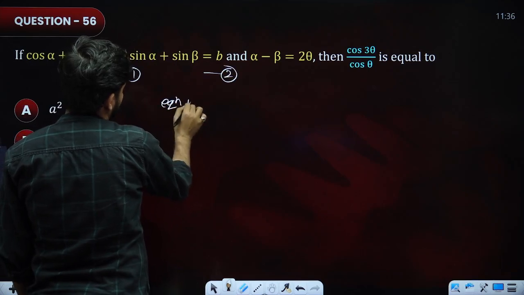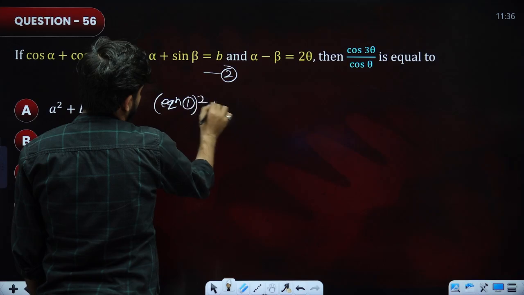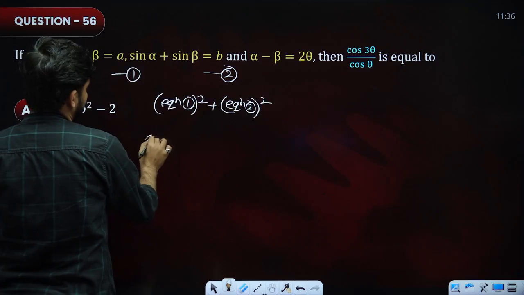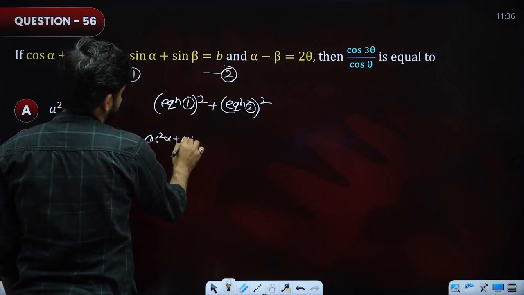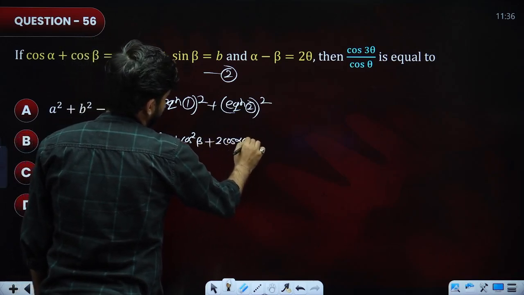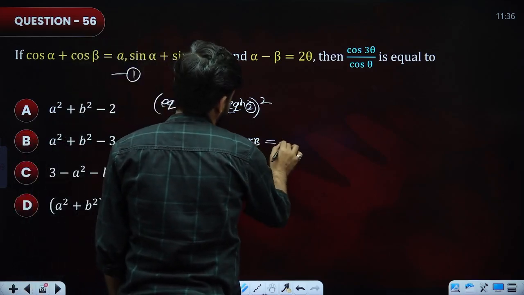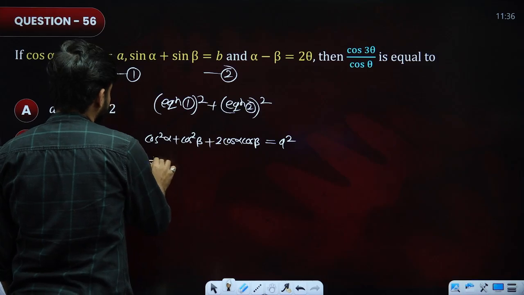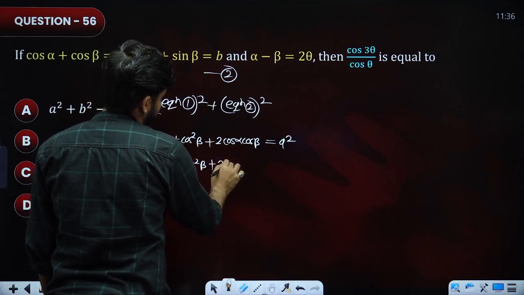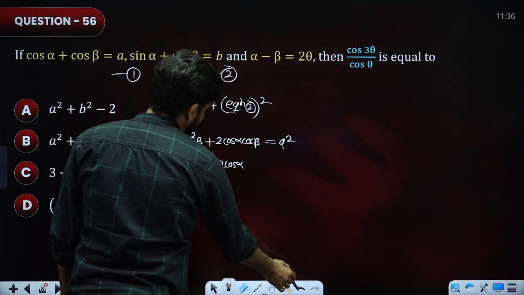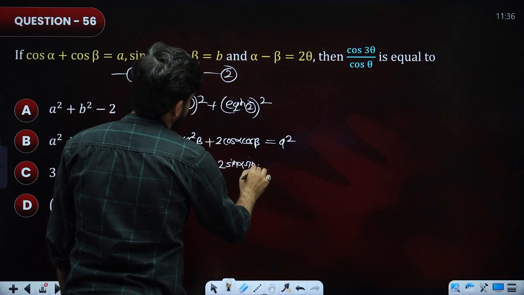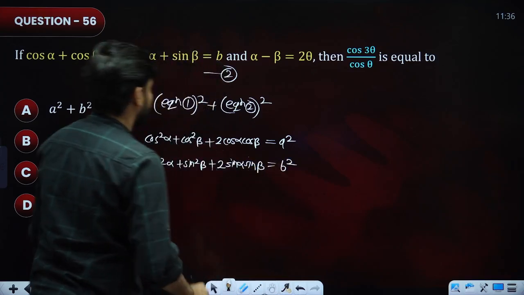Taking a square of equation 1 and equation 2, we can write cos square alpha plus cos square beta plus 2 cos alpha cos beta equals A square, and sin square alpha plus sin square beta plus 2 sin alpha sin beta equals B square.